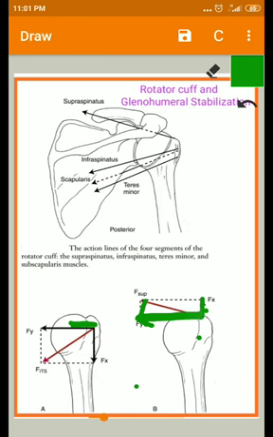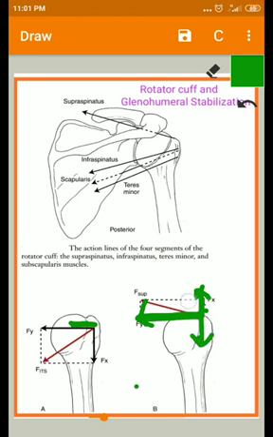So if you see here, gravity acts as a stabilizing synergist to the supraspinatus by offsetting the small upward translatory pull of the muscle. That means there is an upward translatory pull, isn't it? This force is balanced by the gravitational pull.